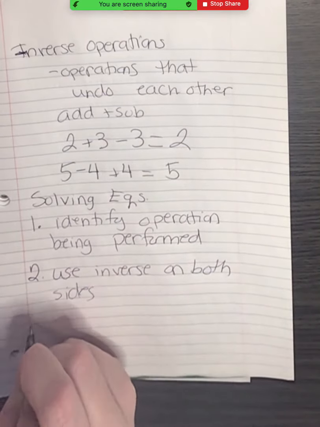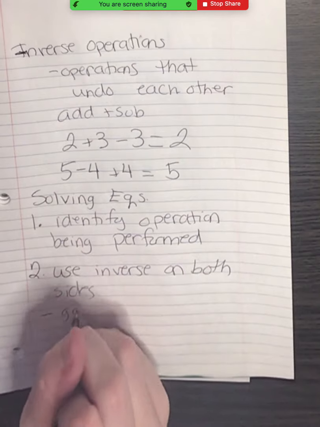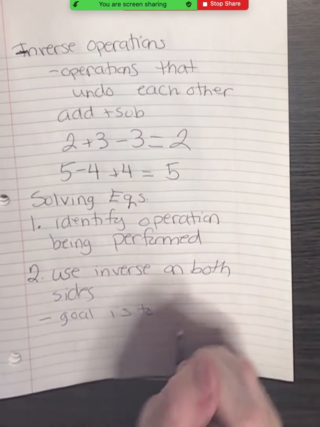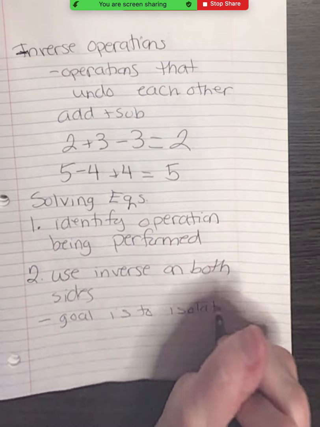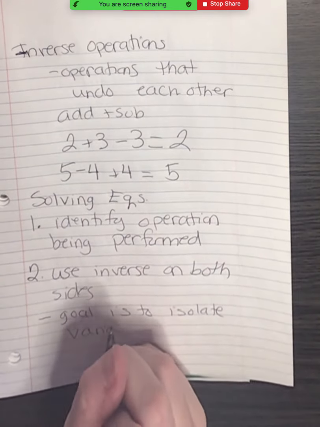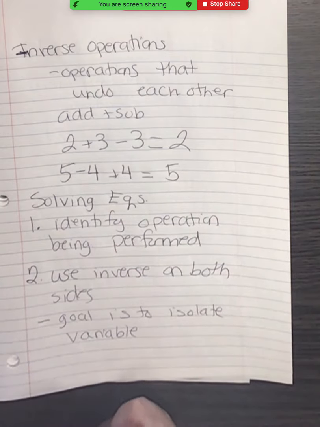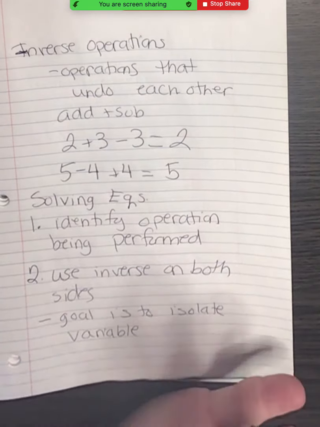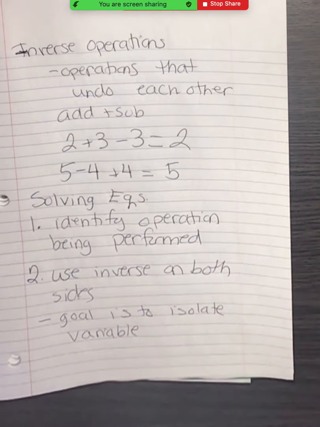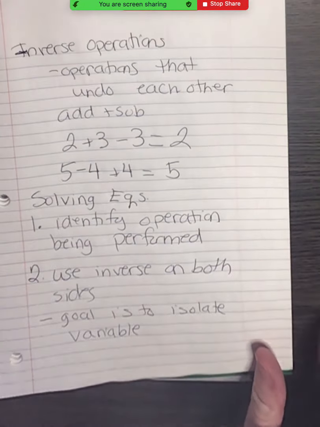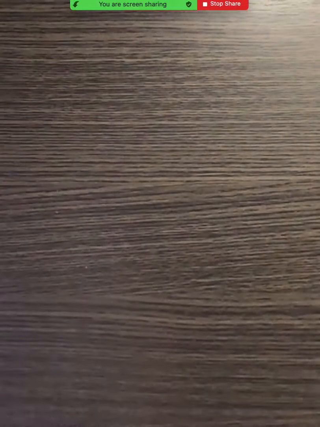The goal of solving is to isolate your variable. Which means I want to get it by itself. I want to have one x on one side, or one y, or one z. I want that variable completely by itself. Okay? So in chapter 3, we are just dealing with linear equations.